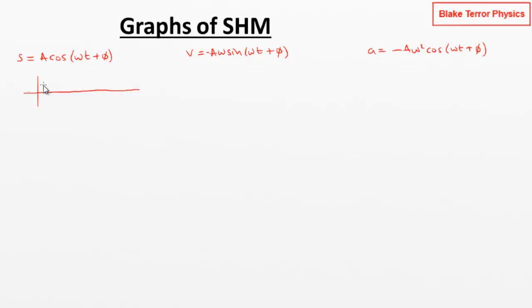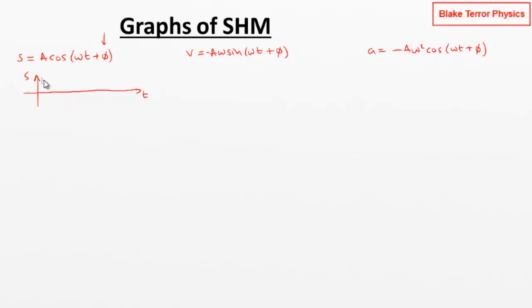So if we're starting here, we're drawing t and our displacement. Where we start is going to depend on phi, because remember this is our phase shift that we're starting with. It's sort of deciding where t is 0 essentially.